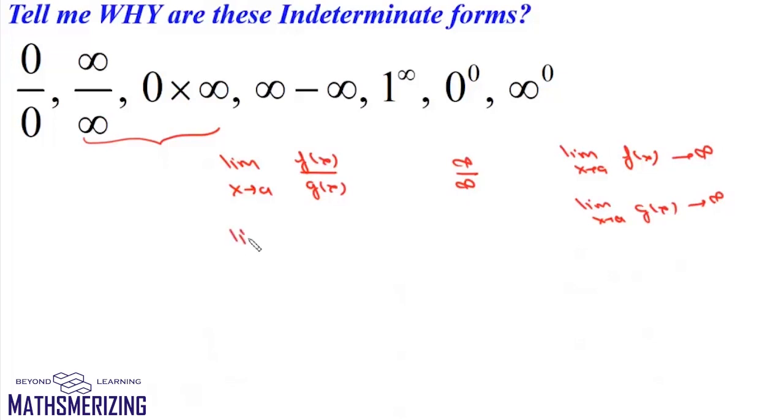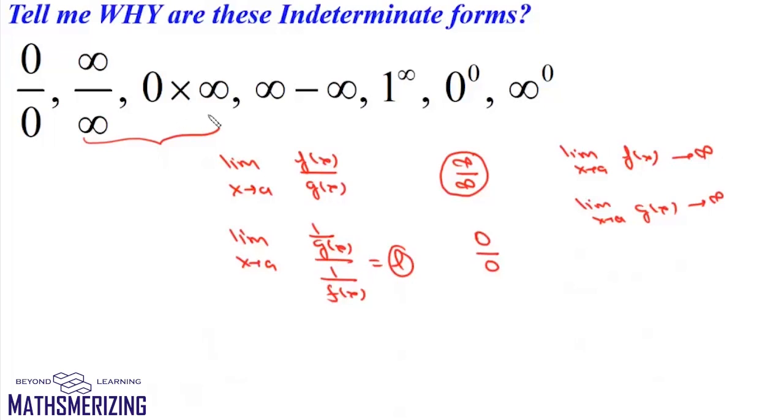We can rewrite this limit as limit x tends to a 1 upon g(x) upon 1 upon f(x), which will make it 0 upon 0 form, and 0 upon 0 form we know is indeterminate. So the answer to this limit again will be indeterminate. So this infinity upon infinity must also be an indeterminate form.